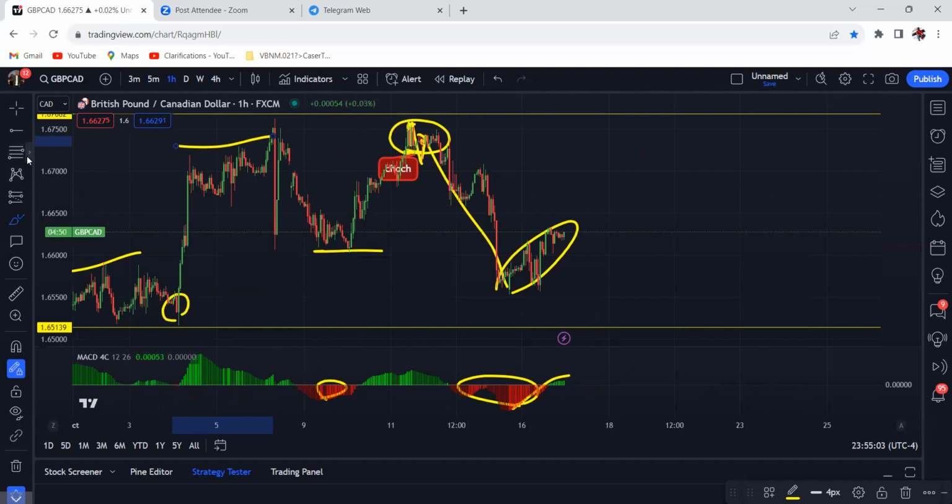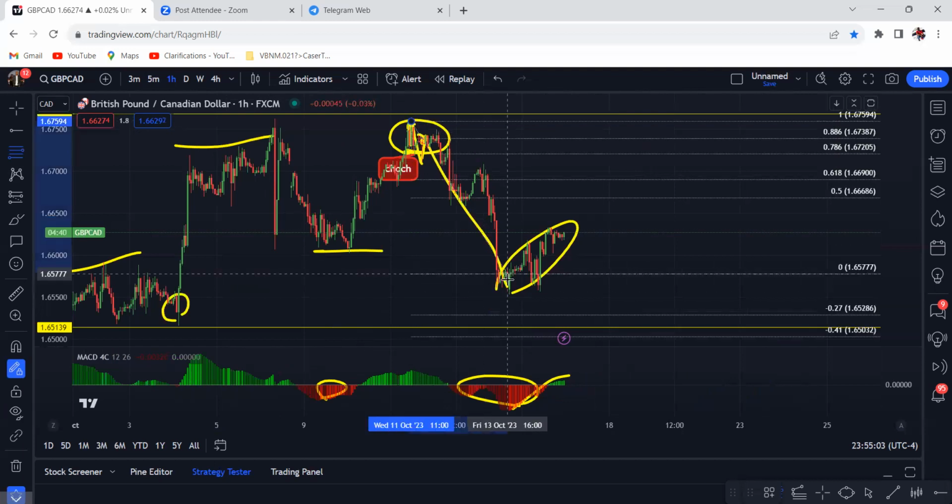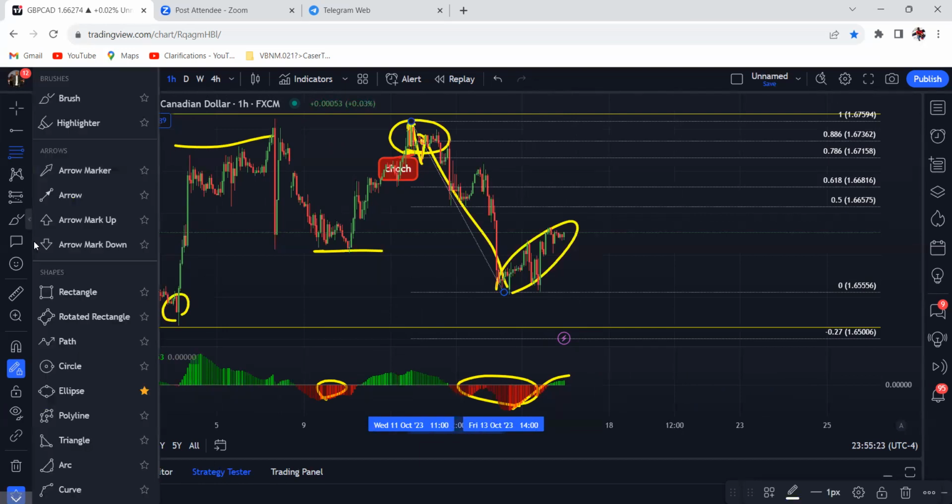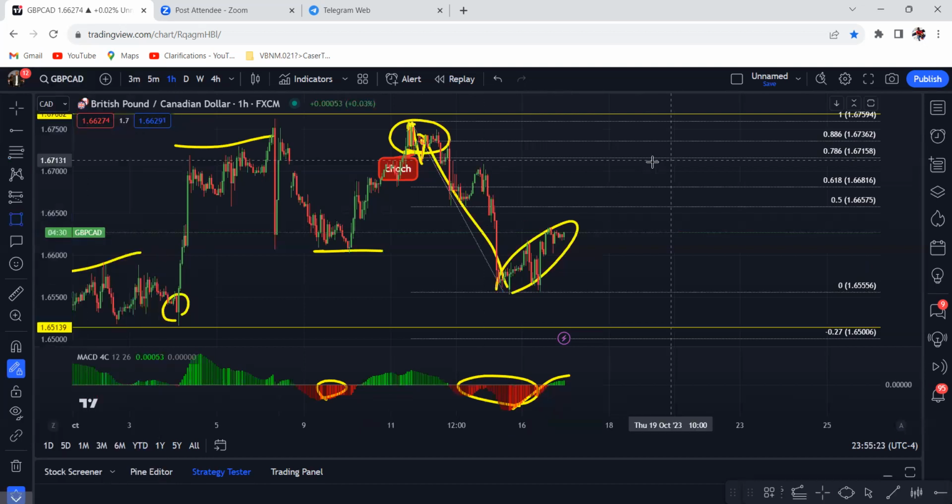So I'm going to take my Fibonacci tool. And of course, yes, before you ask, this works on every time frame. I'm going to take the high of this bullish wave and bring it down to the low. The areas I'm always targeting for my entry with the Fibonacci tool are the 50% and the 618, so basically inside here.